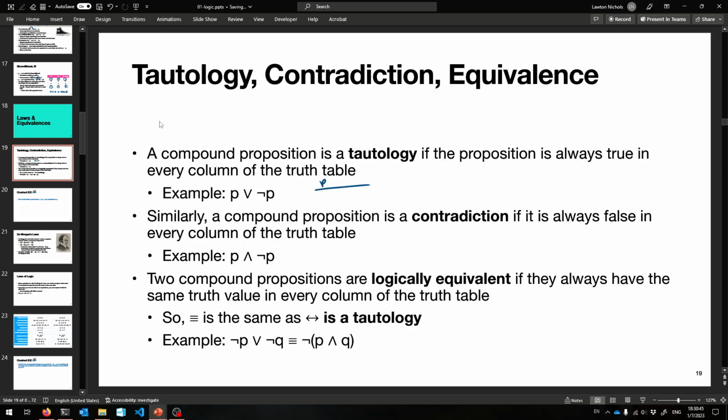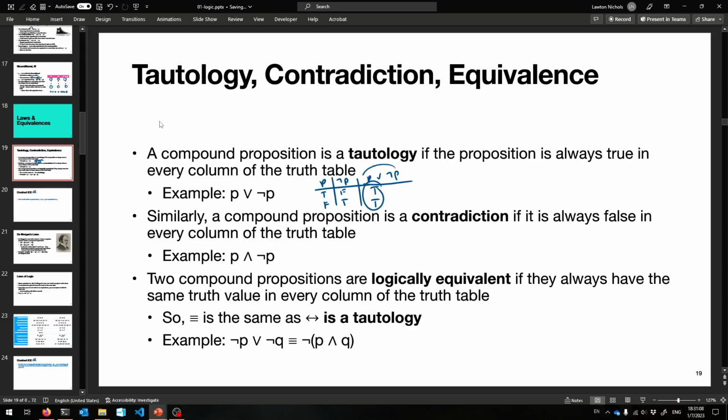It could be either true or false. What's not P? If P was true, it's false. If it was false, it's true. If I OR together P and not P, true or false? One of those is true. The answer is true. False or true? One of those is true. The answer is true in all the cases. That's called a tautology.